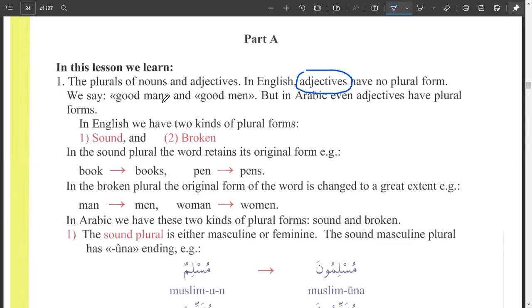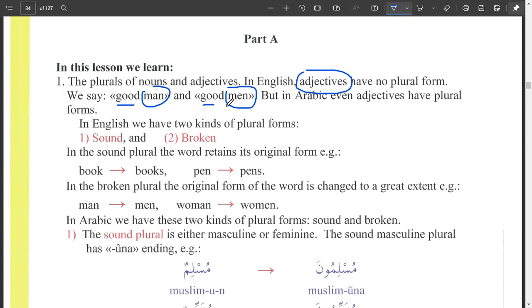We say good man and good men. So for men we also use good, and for a singular man we use the same adjective. So the adjective for the singular and the adjective for the plural are the same.